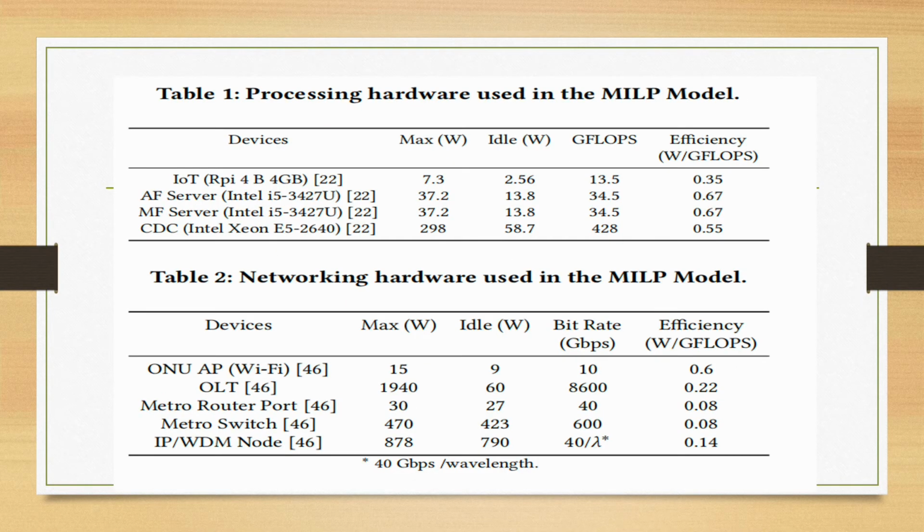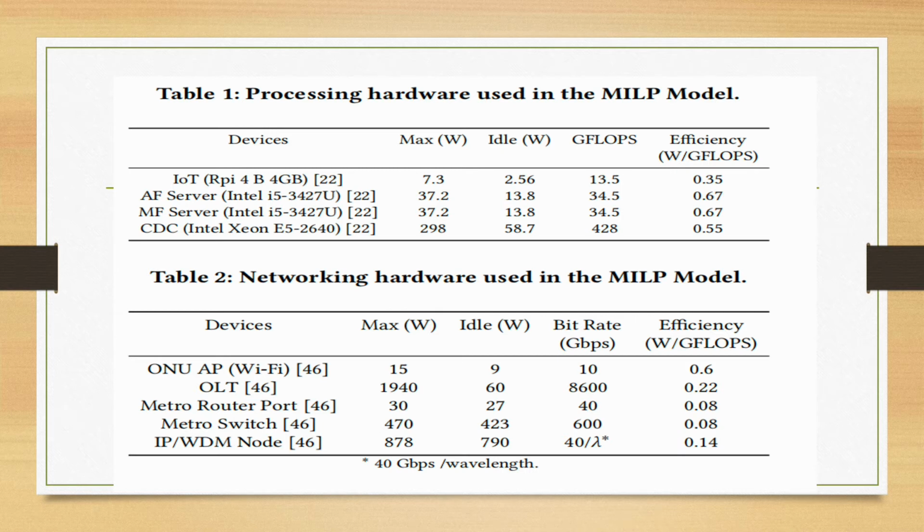The following tables represent, first, the processing hardware used in the MILP model, and the networking hardware used in the MILP model. And we have the maximum width and the efficiency of all the devices used in it. So we can clearly see in the picture the bit rate and everything.